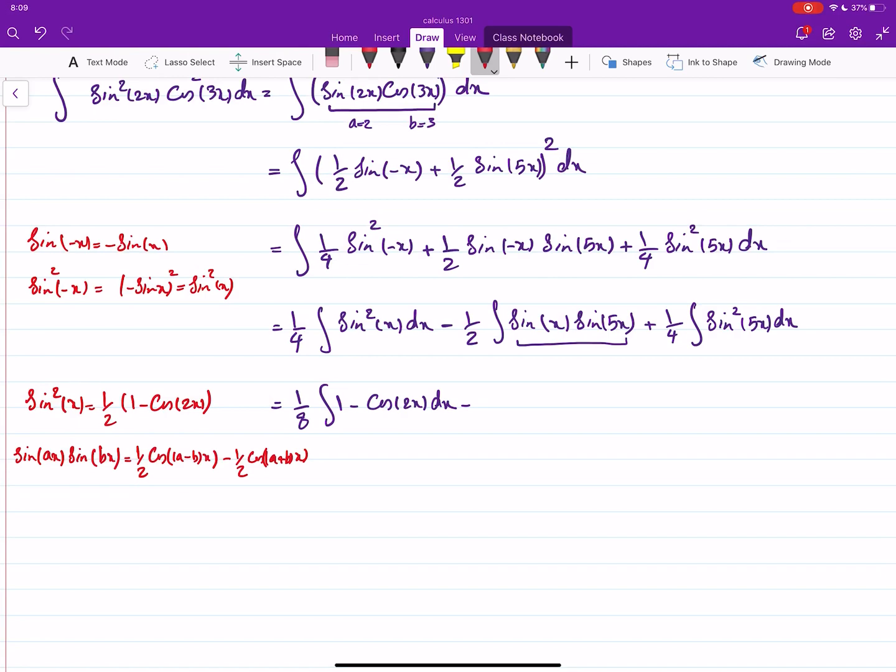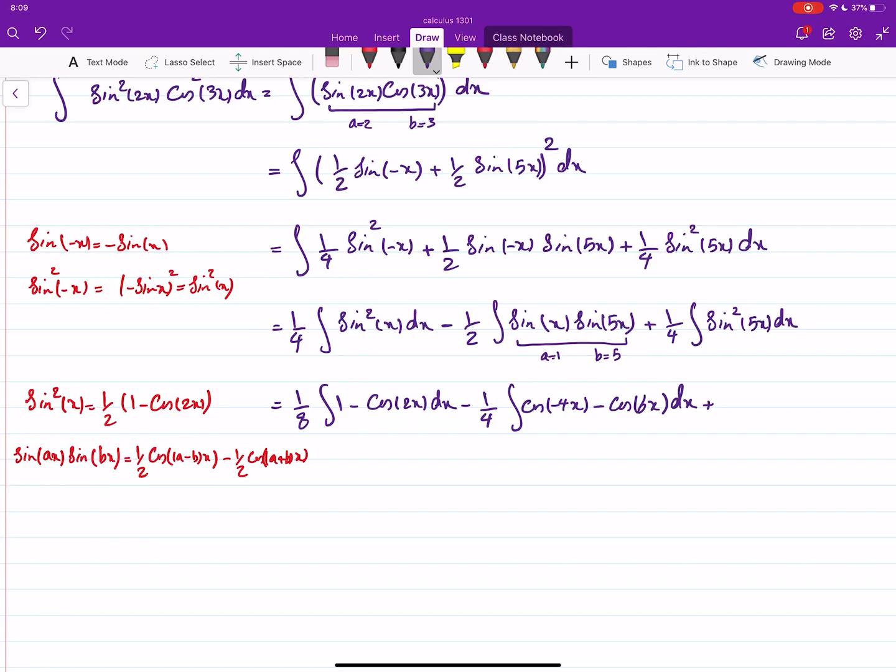So I will factor out that half and write 1/4 integral. A is 1, b is 5, so this is cosine of 1 minus 5, negative 4x, minus cosine of a plus b, so 6x dx. Now we can handle each one of those terms separately.